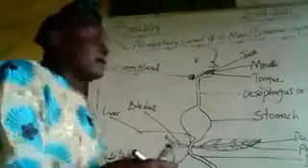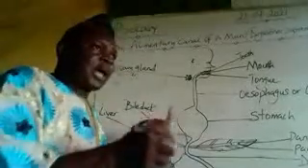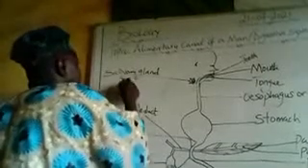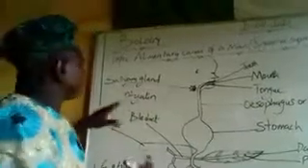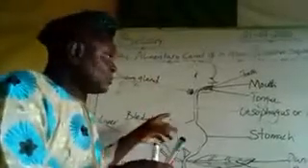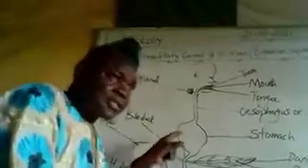This salivary gland secretes saliva, and the saliva contains an enzyme called ptyalin. Ptyalin converts starch to maltose.